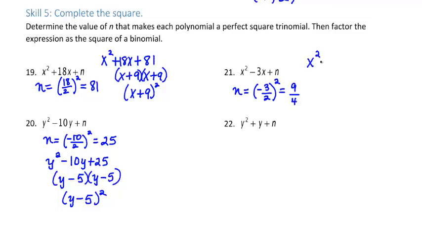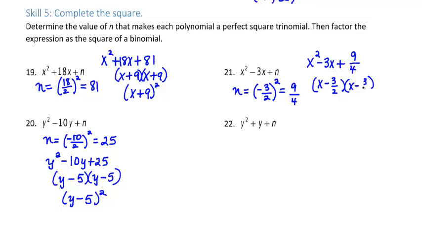When we factor that, it's a little bit trickier because of the fraction, but x squared minus 3x plus 9/4 would factor as (x minus 3/2) times (x minus 3/2).